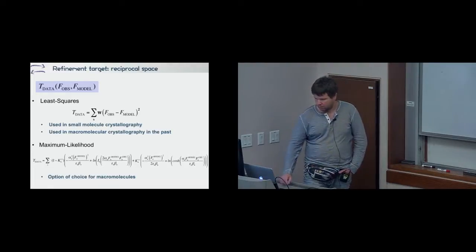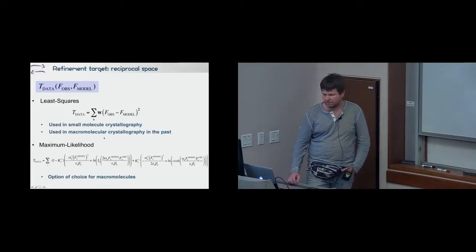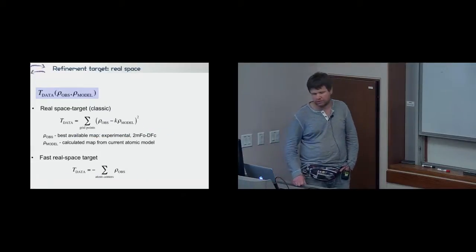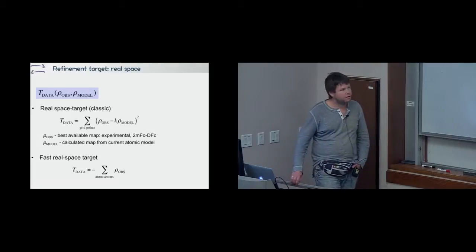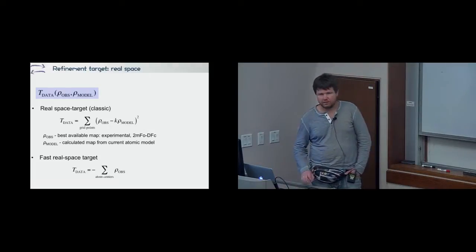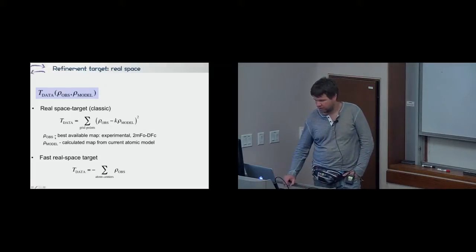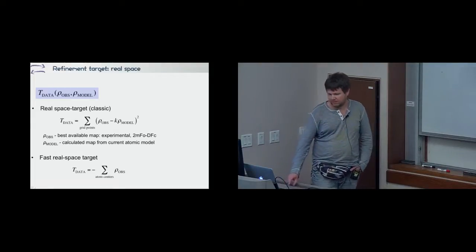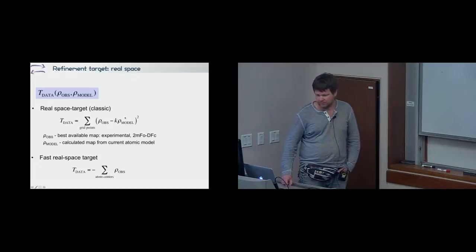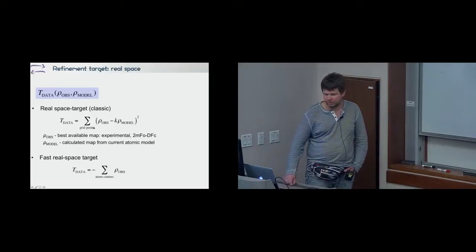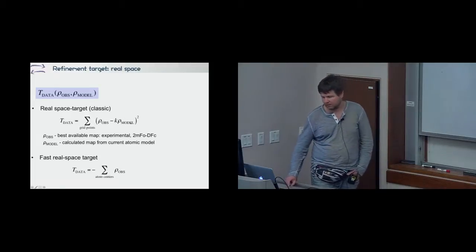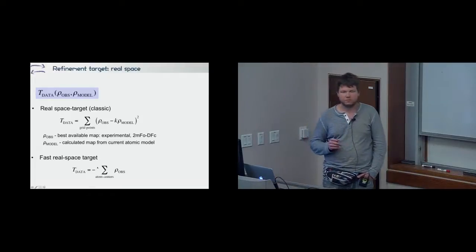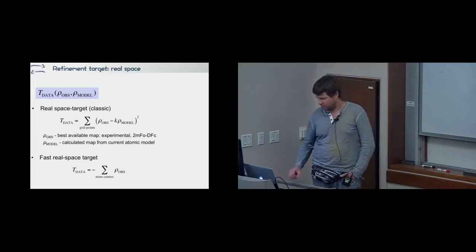So this is for reciprocal space refinement, but you may also hear about real space refinement, which is conceptually the same thing. We have a certain target. We don't have a maximum likelihood target for real space refinement, where it's basically the least squared difference between observed density and model calculated density. There are some other more efficient calculation-wise targets that can be used.